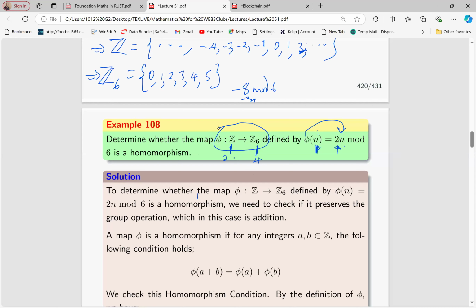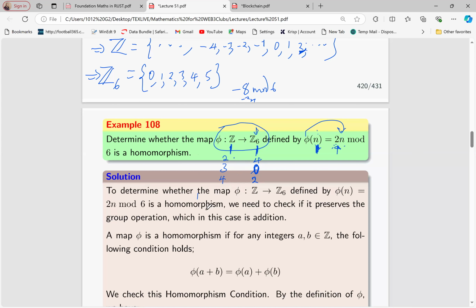About 3, by this definition, 3 is the object, and the image will be 2 times 3, which is 6. But under mod 6, 6 will be 0. What about 4, for instance? Its image will be 8, mod 6, that will be 2, and so on. That is what we mean by mapping.